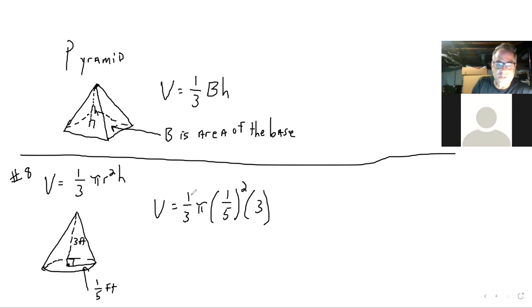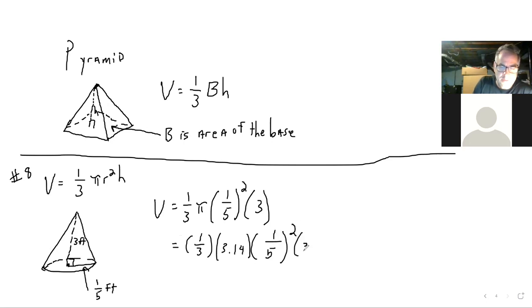So you're literally going to have to type in 1 divided by 3, 3.14, 1/5 squared, and then 3, and then we're going to round this off. So let me get my computer calculator here and punch all these numbers in.